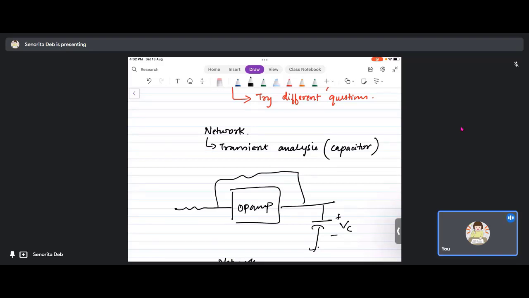With practice that 20 minutes will reduce down to 2 minutes, 3 minutes, even less than that. You will be able to see a question and answer in seconds also. That comes through practice, okay? So set your timer and check how you are able to do the questions.